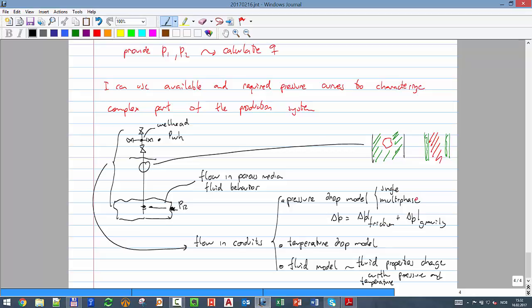So that means that the wellhead pressure, PWH versus rate, and remember this is the surface rate, and for simplicity I will use the preferred phase, that might be oil or gas.